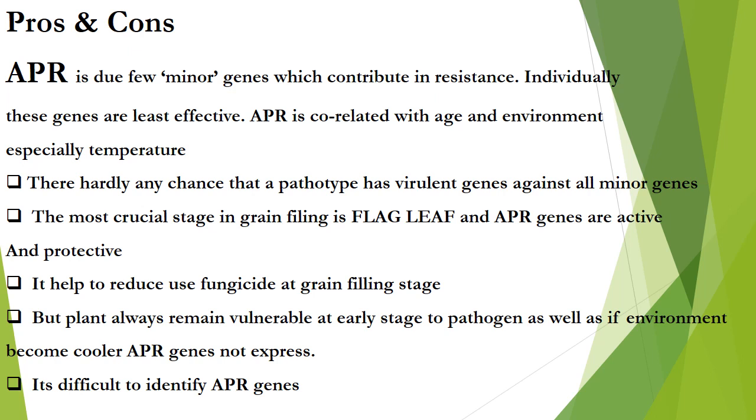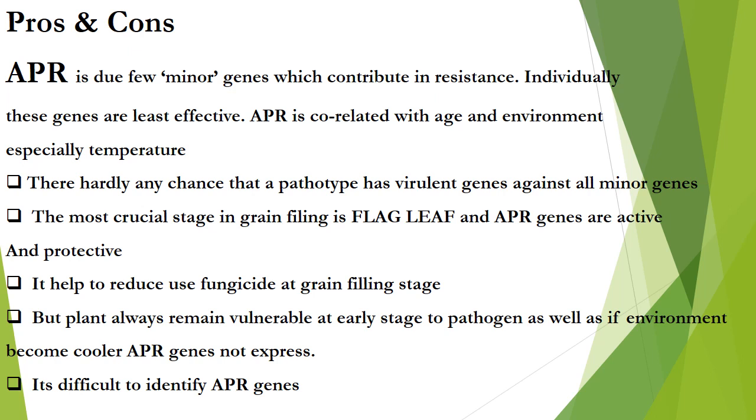Because this resistance is under the control of more than one gene, it is very difficult for any pathogen to break all these genes at one point. So adult plant resistance is never completely broken down by any pathogen; one or two or three genes are still contributing to the resistance.